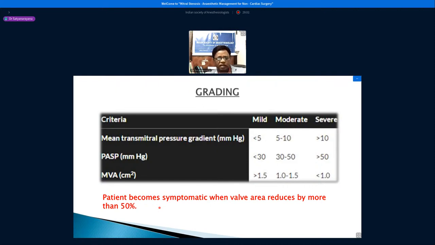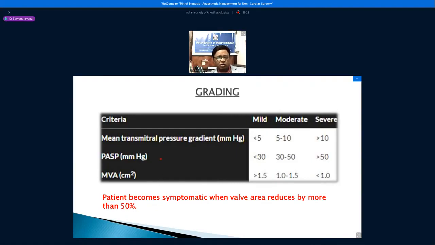It never occupies the entire valvular area. So until the valvular area is reduced by more than 50%, there won't be any resistance to flow across the mitral valve. That is how the patient is asymptomatic. It's a simple explanation.